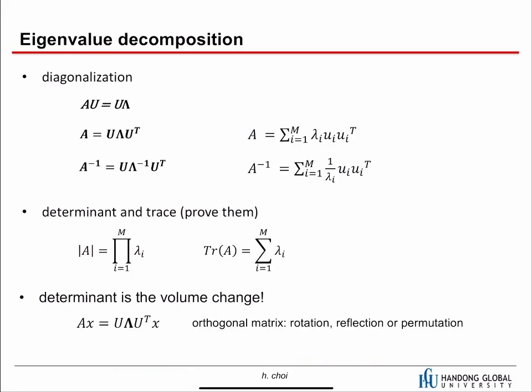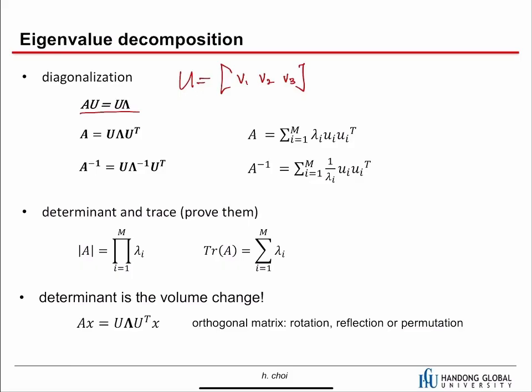Then how can we use eigendecomposition for computation? As I said, we can have multiple eigenvectors. When A is 3 by 3, we can have 3 eigenvectors and 3 eigenvalues. U is a matrix of eigenvectors: eigenvector 1, eigenvector 2, eigenvector 3.